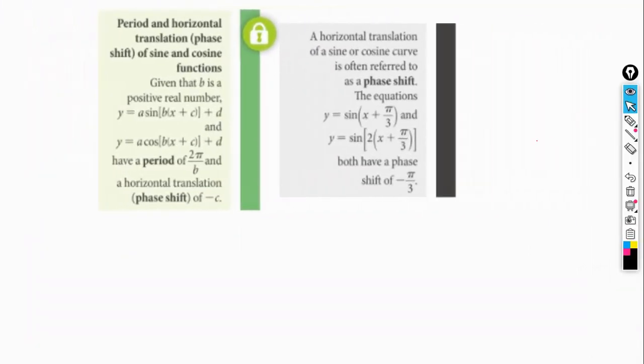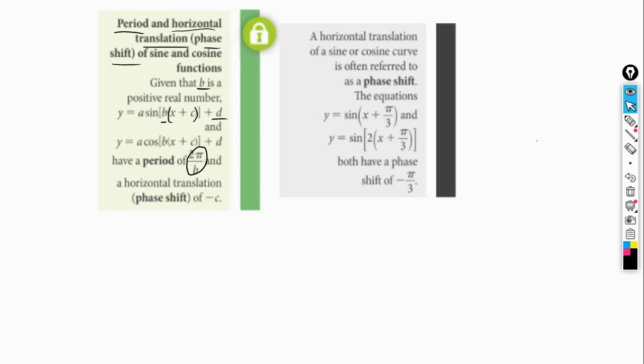So we're going to take a look at period and horizontal translation or phase shift of the sine and cosine functions. Given that b is a positive real number for both the sine and cosine functions, where we have a times sine of b times parenthesis x plus c, plus d, and the same for cosine, they have a period of 2 pi divided by b.